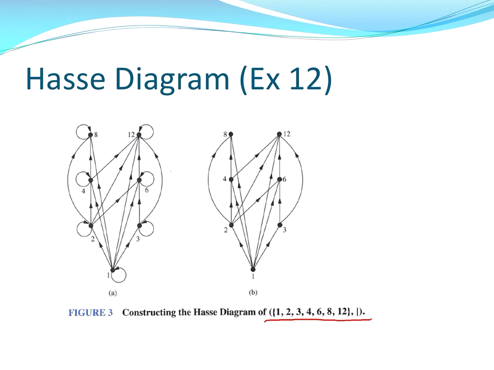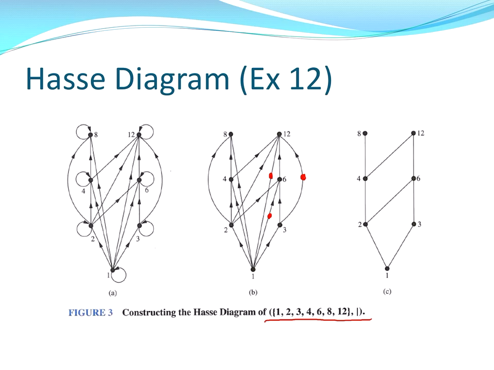So we'll remove the loops, and then we'll remove all arrows that have to be there due to transitivity. We would remove that arrow, and then this arrow. And we don't need 3 to 12 because 3 goes to 6 and 6 goes to 12. So we'd remove those to get something that looks like this. Here's the Hasse diagram for that partially ordered set.